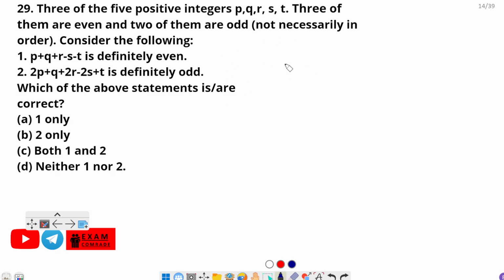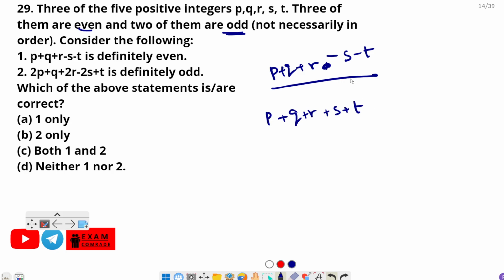3 of them are even and 2 of them are odd. Okay, P plus Q plus R minus S minus T. What we can do is we can add S plus T and then remove it.